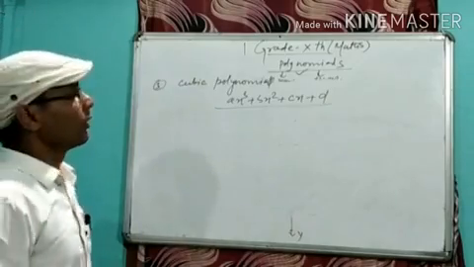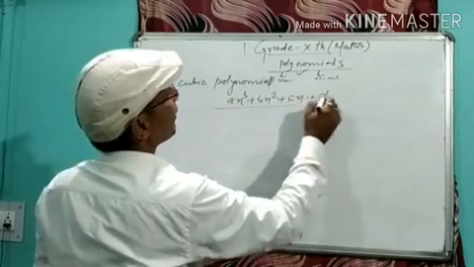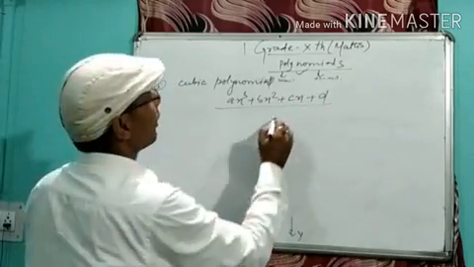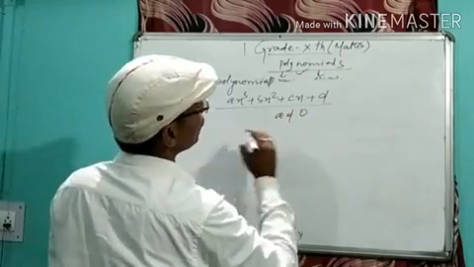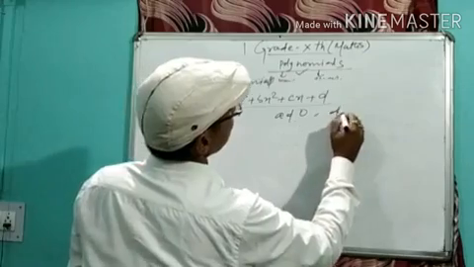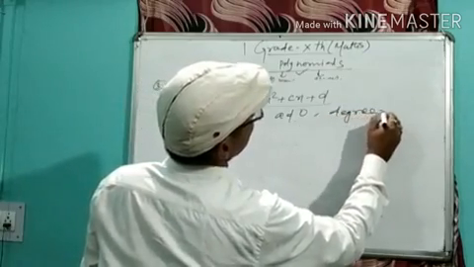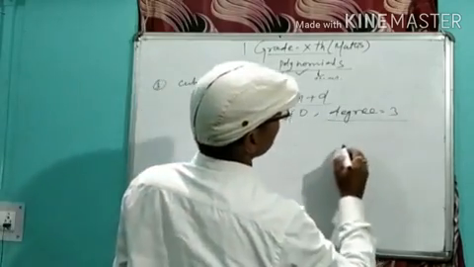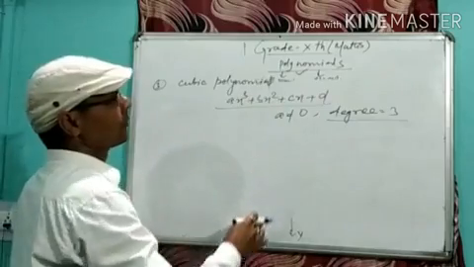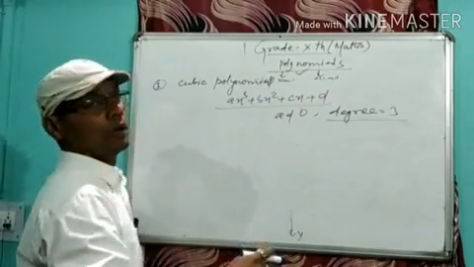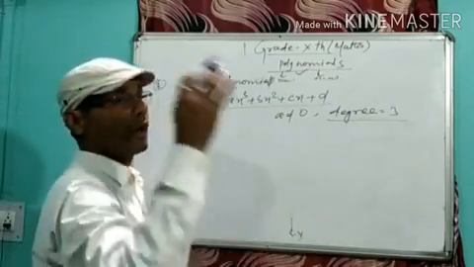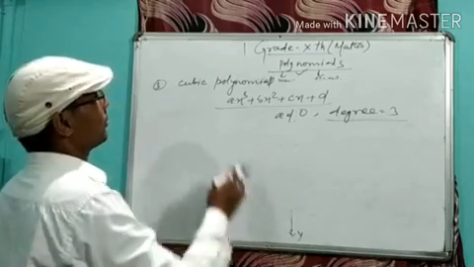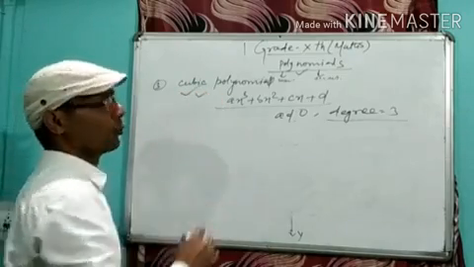In the same way, here a, b, c and d are real numbers and a is not equal to 0, degree 3, and it has one or at most 3 zeros. Okay, this is the cubic polynomial.